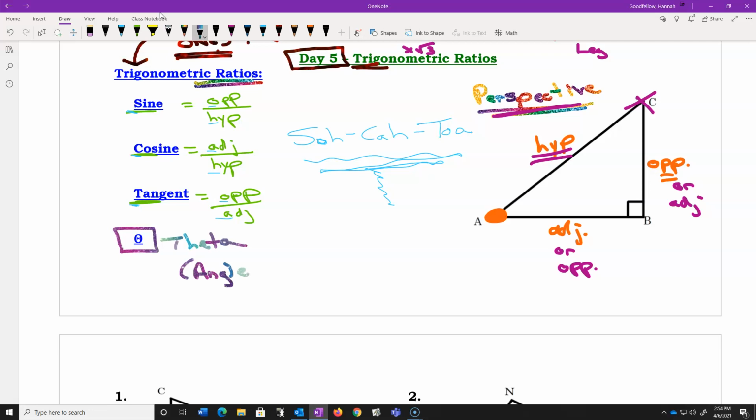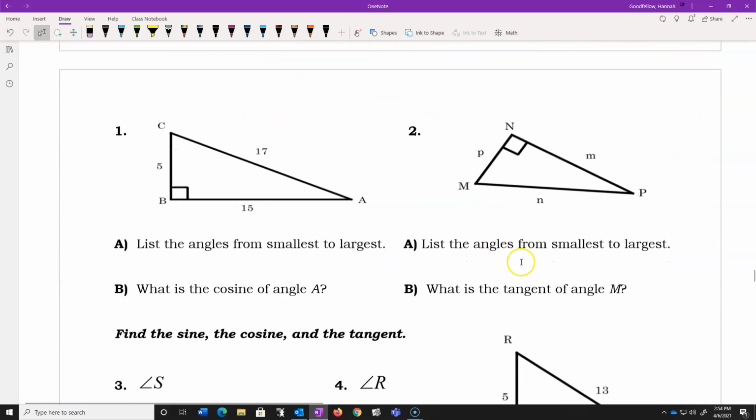So whenever we talk about any of these angles, we might not call it angle A, we might call it angle theta. That's just another name for saying, hey, this is the angle I want you to go and find, or the angle of your perspective. That's the key here. It's the angle of perspective. So keep in mind that everything is based on perspective. Everything in life is based on perspective.